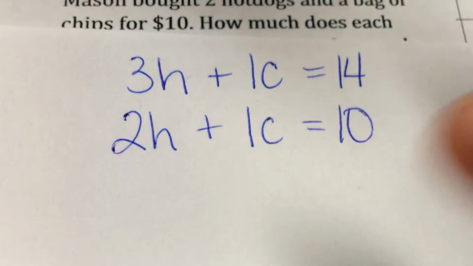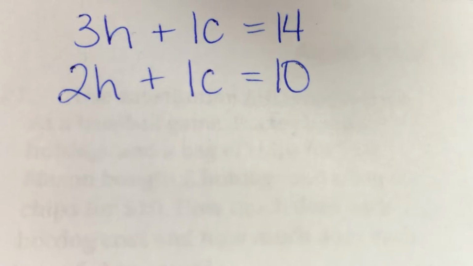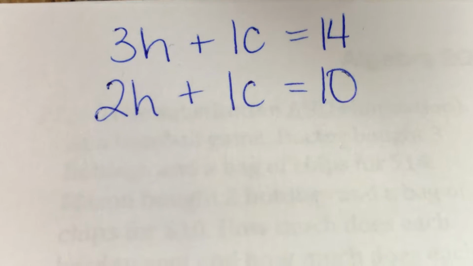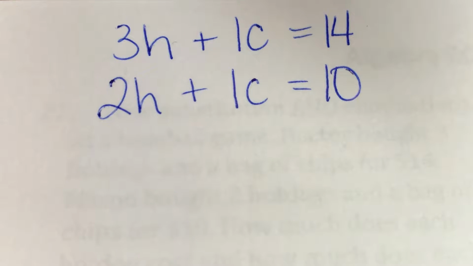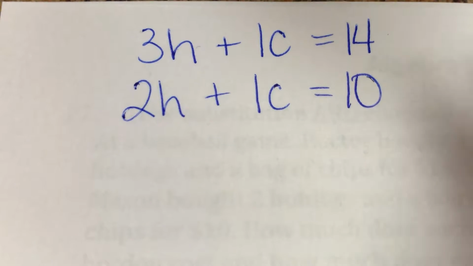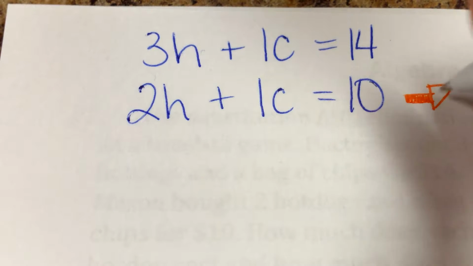So now we're going to solve this system of equations by doing substitution or elimination. This first video is going to show you substitution. So we're going to see, we want a letter by itself. So let's go ahead and change the second one. Because the other one we did the first one, so this time we're going to change the second one.